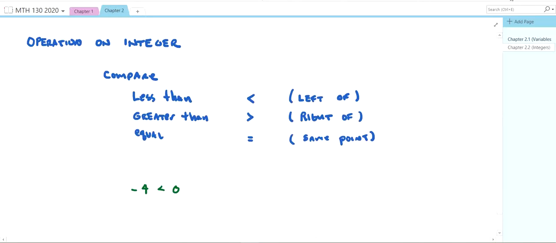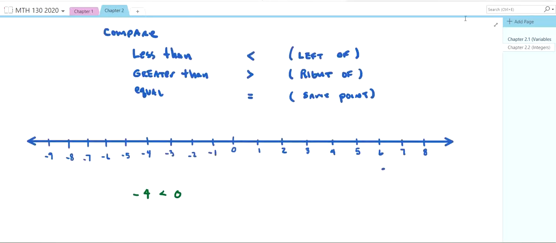Here, let me draw a number line. So here, I've put a number line up above, and you can see that I've centrally located 0 here in the middle, and the numbers to the right of 0 are positive numbers. We don't usually put the positive sign in front of the numbers. We usually leave it off. It's implied that the positive sign is there.